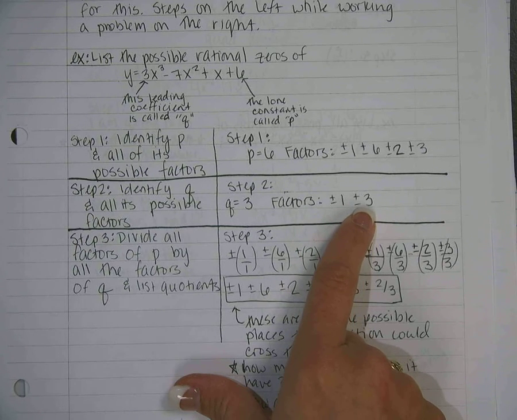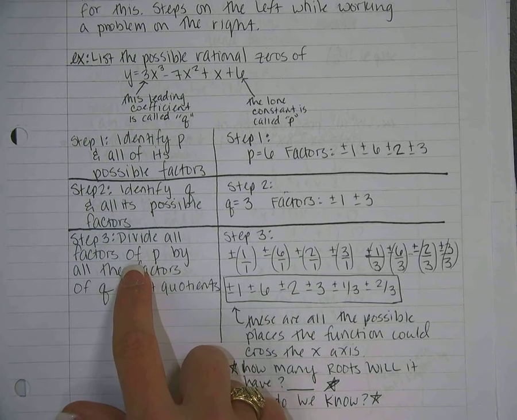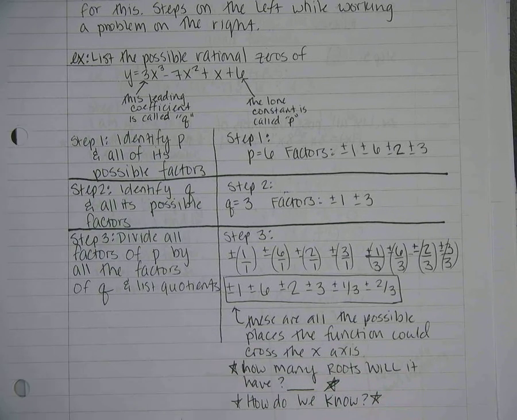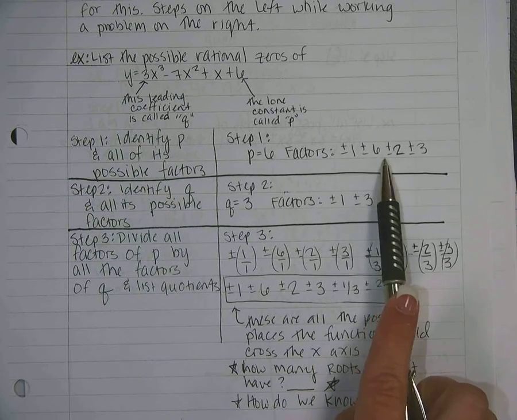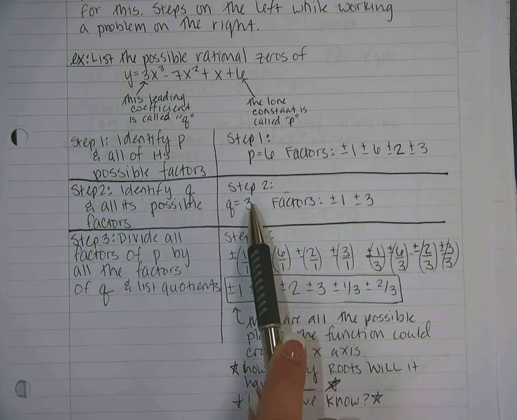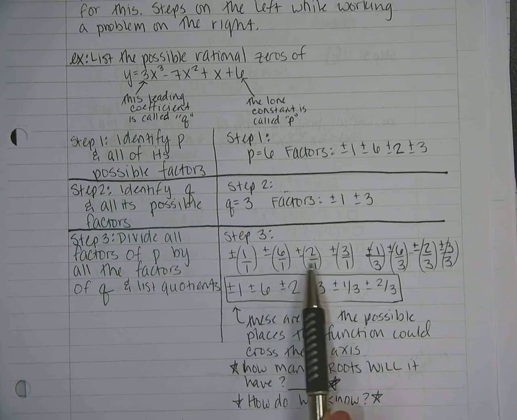Now, what you're going to do in step 3 is to divide all of the factors of P by all of the factors of Q and list the quotients. I have found that sometimes that gets a little overwhelming, with all the different combinations. So what I'll do is I'll list my set of P factors, 1, 6, 2, 3, all divided by my first Q factor, which is 1. So that's 1, 1, 1, 1.